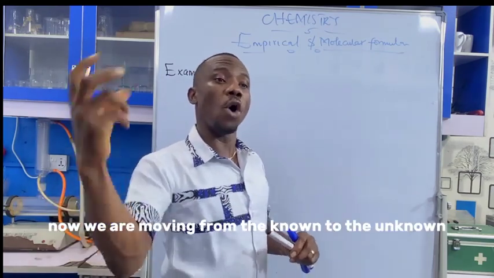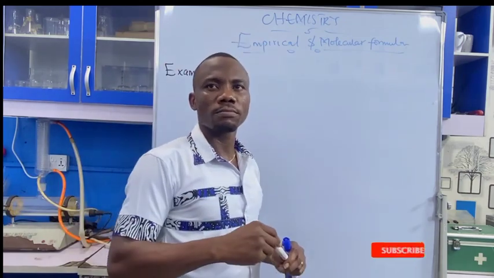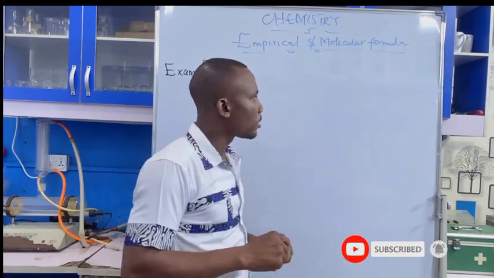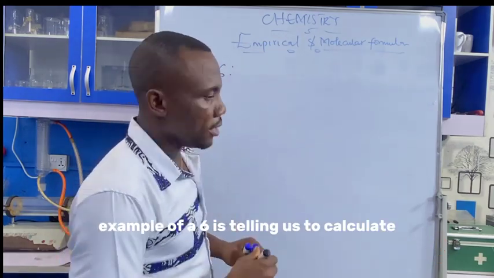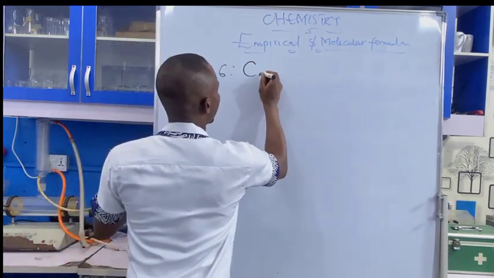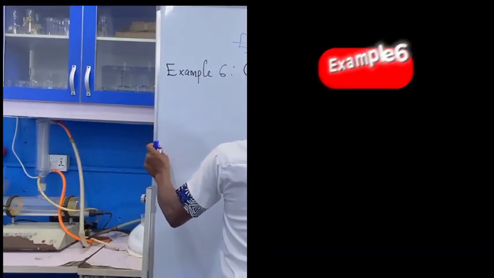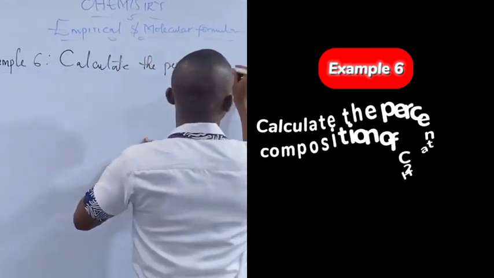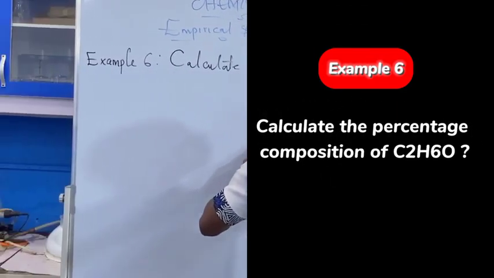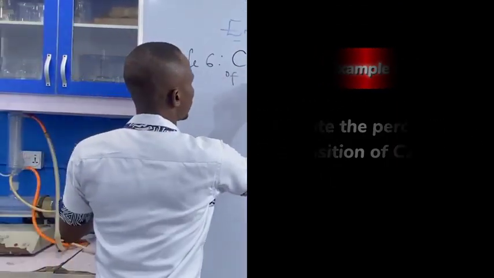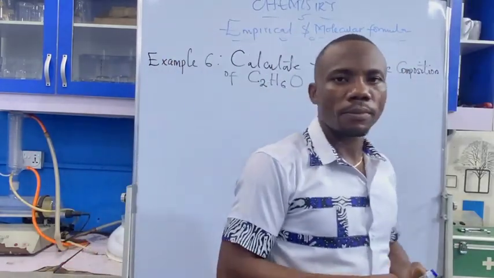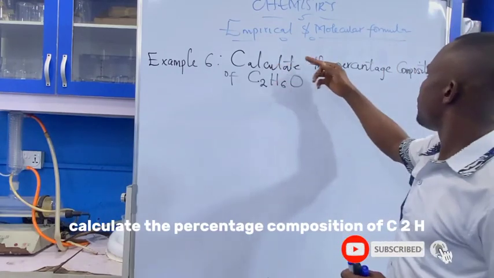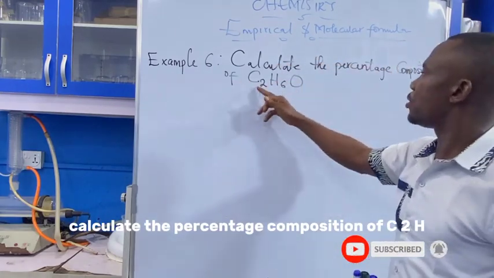Now we are moving from the known to the unknown. So example number 6 is telling us to calculate the percentage composition of C2H6O.